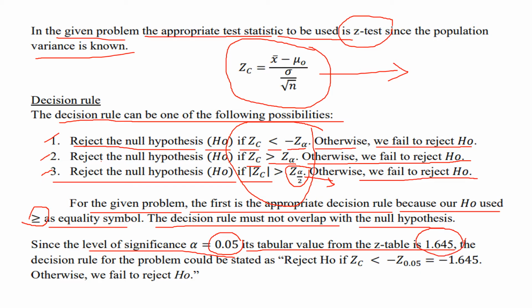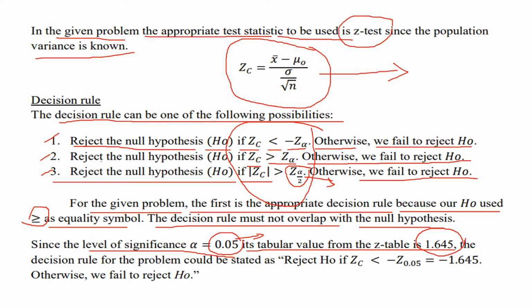If your alpha is 0.05, then your critical C value is 1.645. If your level of significance is 0.05, then your confidence interval is 95%.